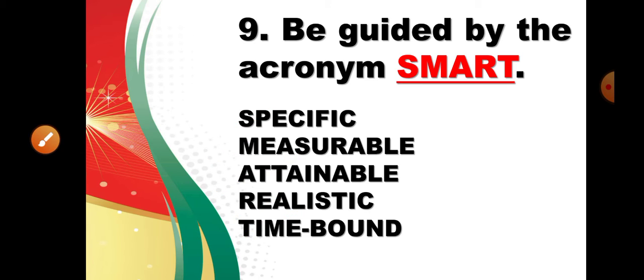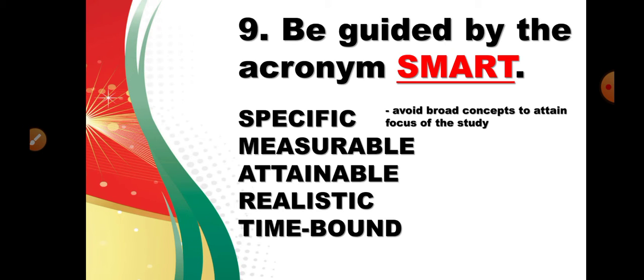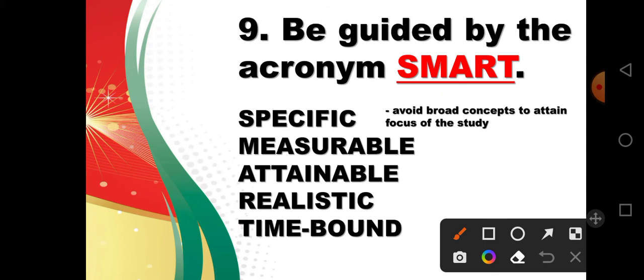How can you say that your objective is specific? Your objective is a specific objective if it avoids broad concepts. So you must be specific in choosing your objective so that you can attain focus of the study, so that it can centralize to your direction.